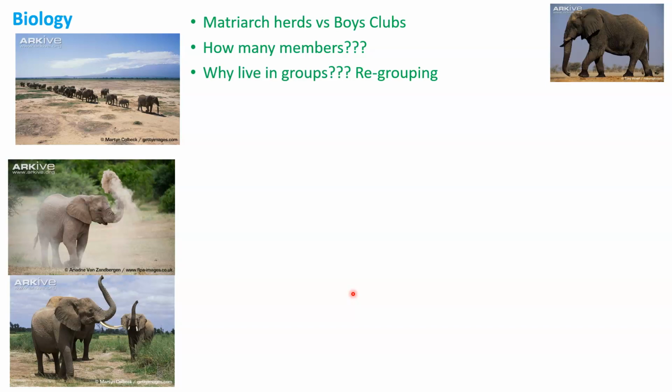Could you find related individuals in a boys club? Yeah, sure you could, but that's by chance. Generally, the boys clubs, the male herds, do not have any cohesive feature. So this lack of kinship is another reason probably why the boys clubs in African elephants are rather transitionary, why they are not permanent.